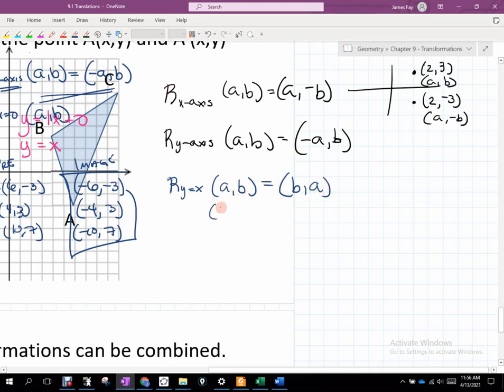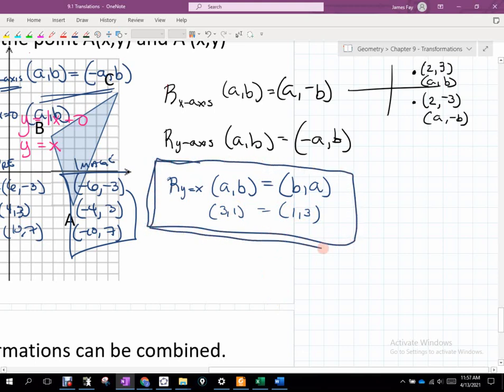An example of that: if I have (3, 1), it's going to turn into (1, 3). They just changed spots. This is probably one of the most important reflections, transformations, maybe even geometric concepts that you take from this class that gets applied inside college algebra.